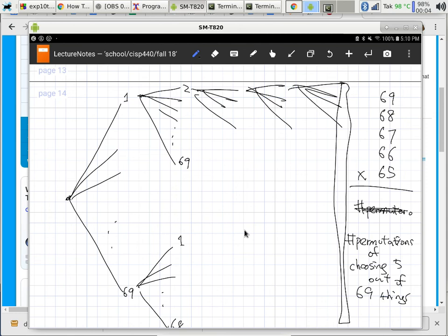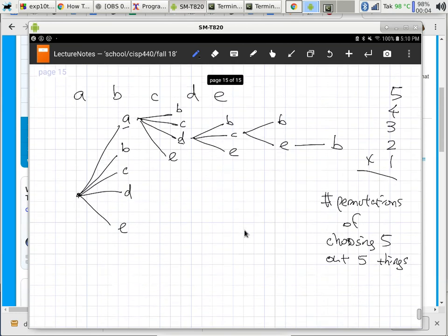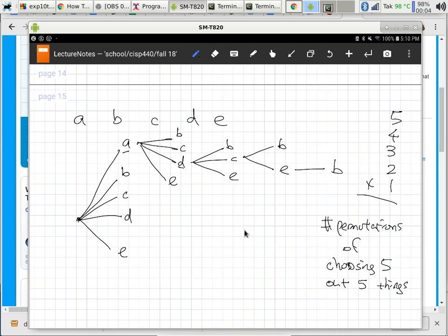And the ordering is important, okay? 1, 2, 3, 4, 5, 5, 4, 3, 2, 1, 2, 3, 4, 5, 1. They're all considered different. And then the next slide says, if we just look at 1, 2, 3, 4, 5, okay? There are 5 times 4 times 3 times 2 times 1 many ways to shuffle the ordering so they look different in the first slide.